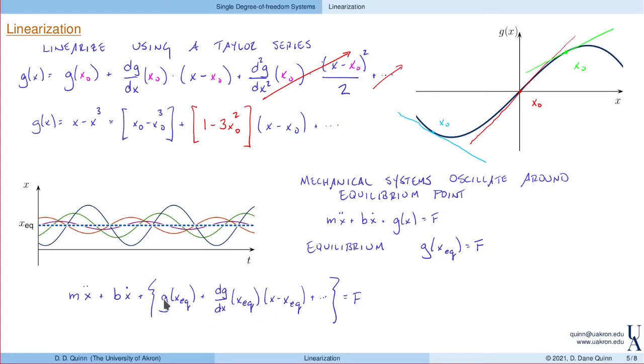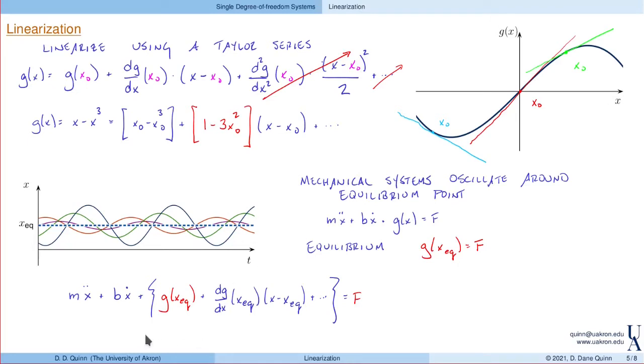So this term in this equation cancels out with this forcing on the right-hand side because they have to satisfy the equilibrium conditions. So what am I left with? I'm left with a mass term, a damping term, and a stiffness term.